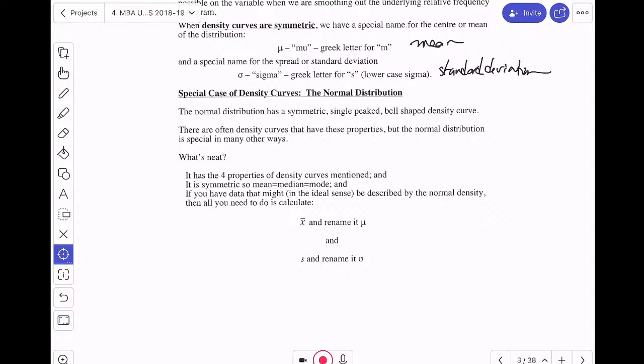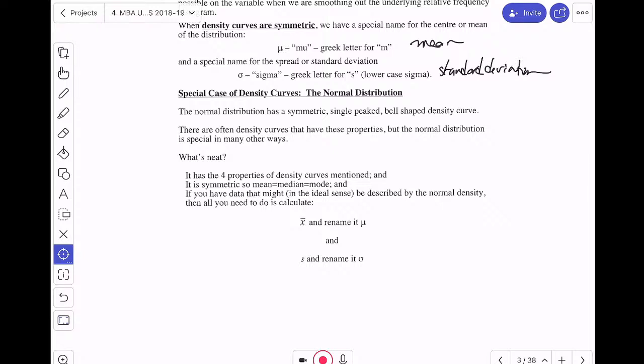You can't just assume the distribution is symmetric. Anybody can calculate these values for any data set. It doesn't mean it's a correct interpretation of the data. So all of those properties are true of symmetric distributions.